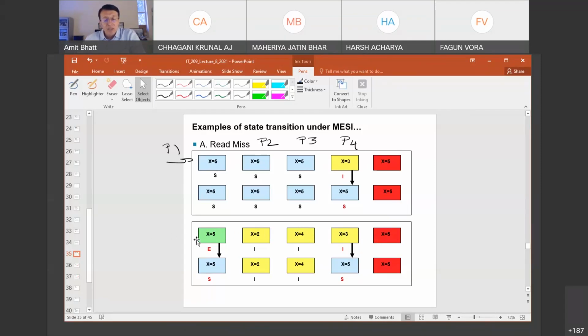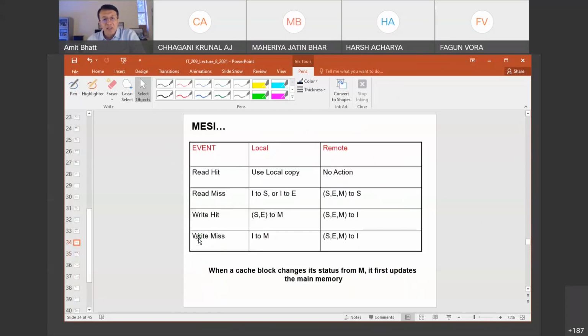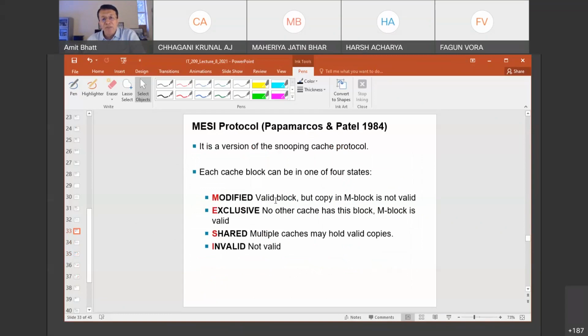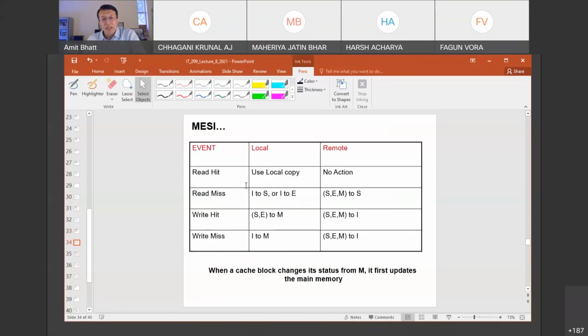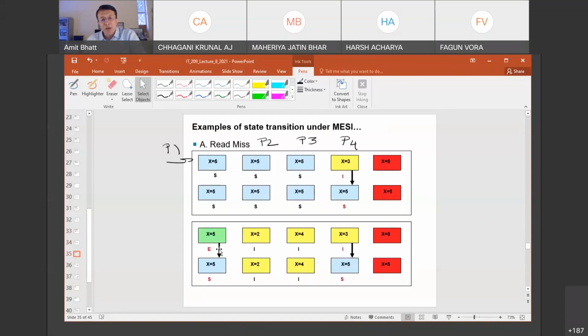Then this flag would be modified. That means the copy in this one is modified and no other processor cache, that means a cache of P2, cache of P3, cache of P4, or the main memory has it available. So if the M flag was there, then all these would be invalid.